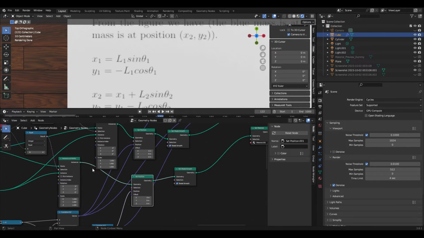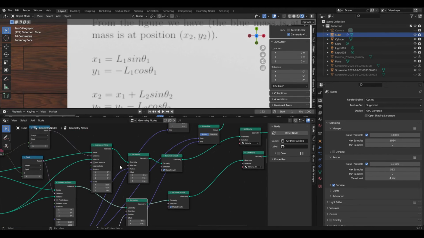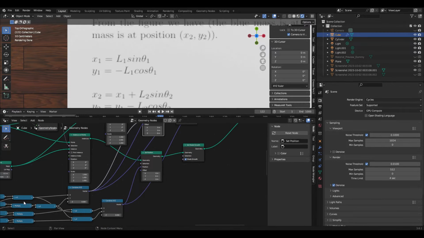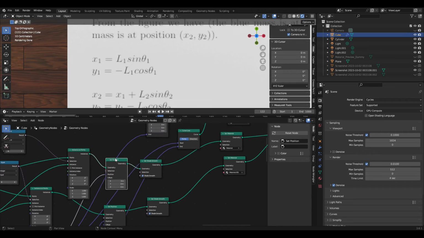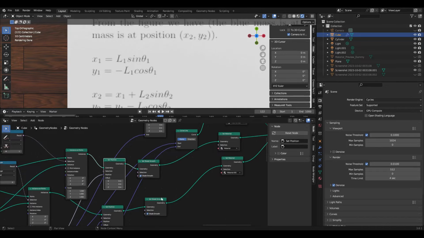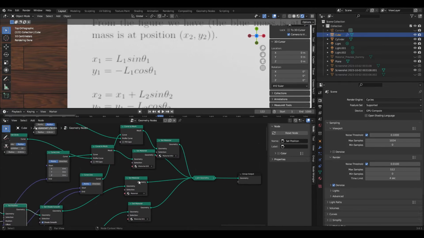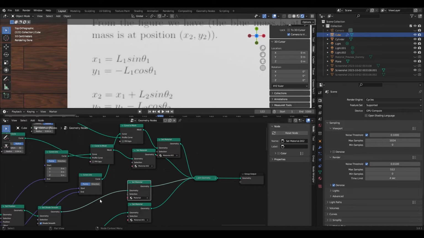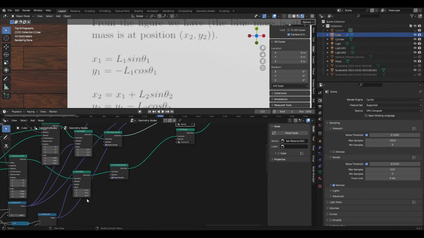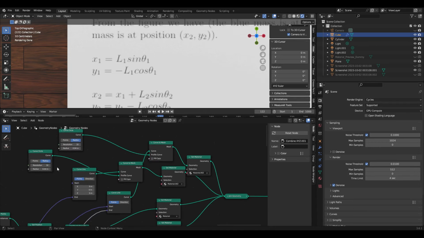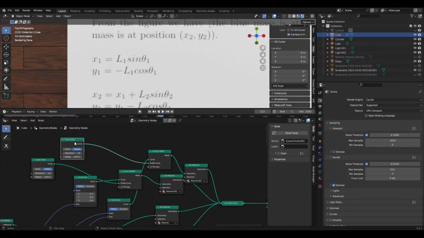And then I'm doing shade smooth there. And you can see I'm just following the equations that I have written up on top. And then I'm adding a couple of cylinders. Of course, here I'm giving them materials, and the position of the origin and the endpoint of the cylinders are all determined by this x1, y1, x2, y2 that are being calculated.